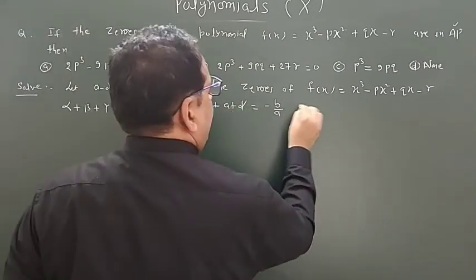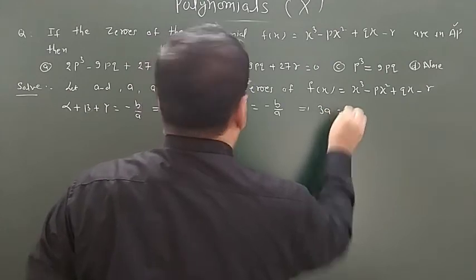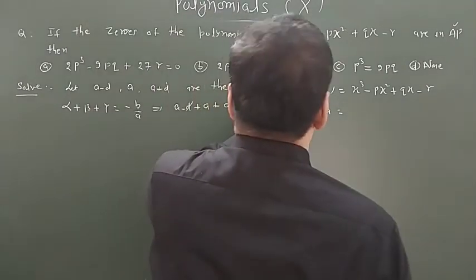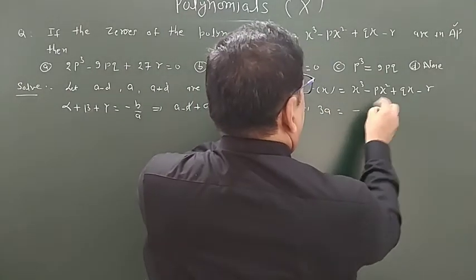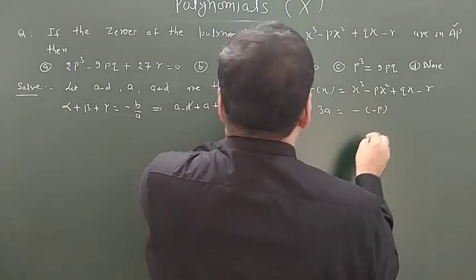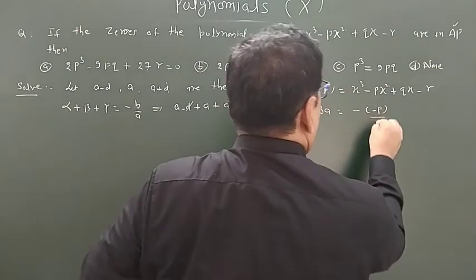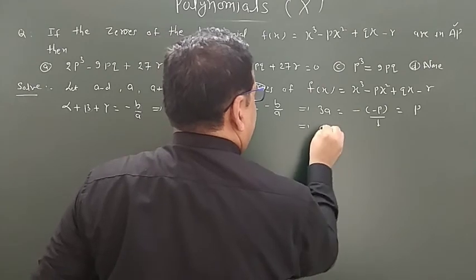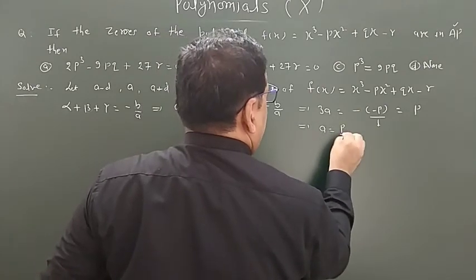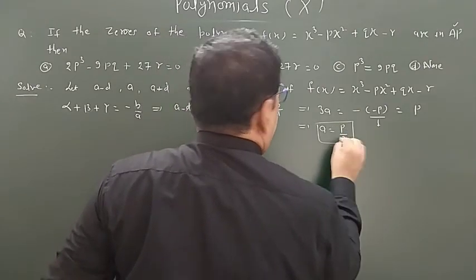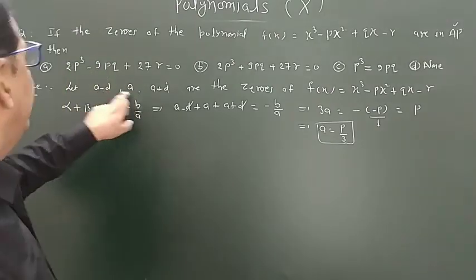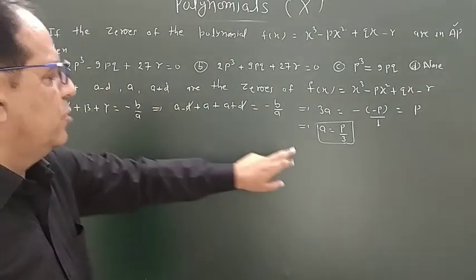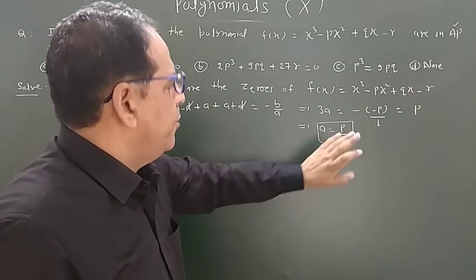So we have 3A equal to minus b upon a, so minus minus p upon 1. A means 1 here. So this is p. The value of A equal to p upon 3. Here A minus D, A, A plus D are the zeros. So clearly A is equal to p upon 3 here.